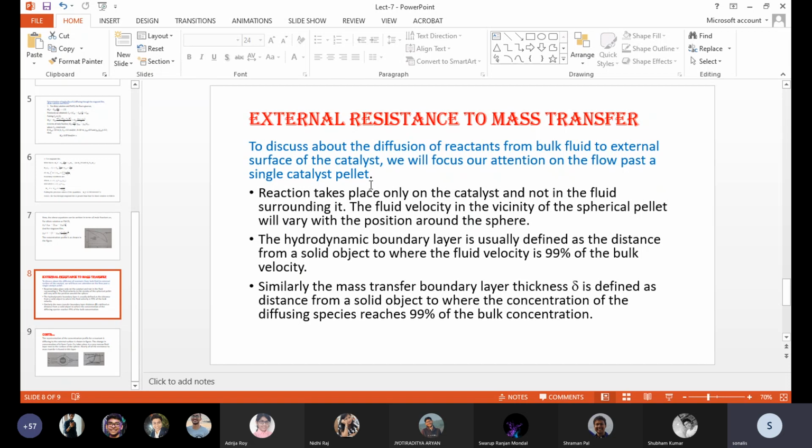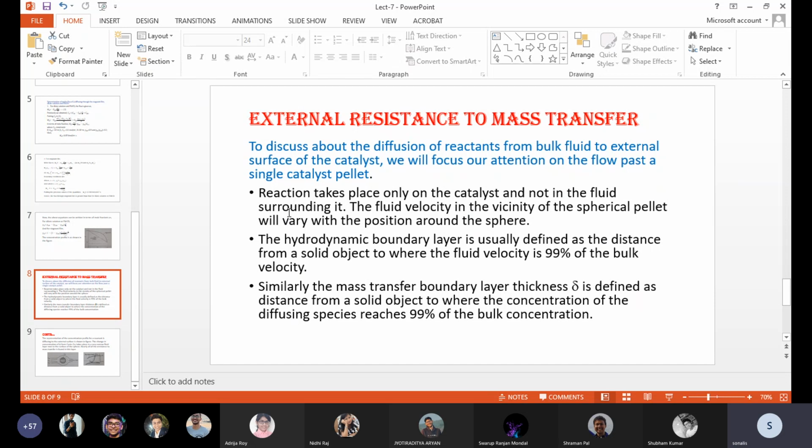As I have shown in the picture previously, similarly we have thought that a single catalyst pellet or catalyst particle is there, and through the outside surface of it the reactant is flowing.